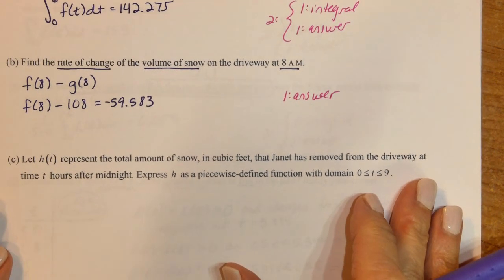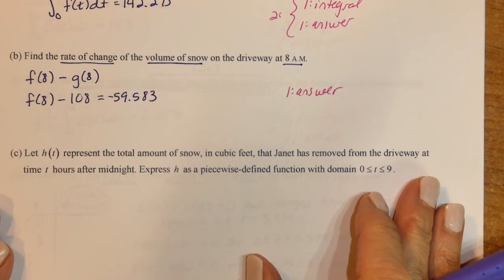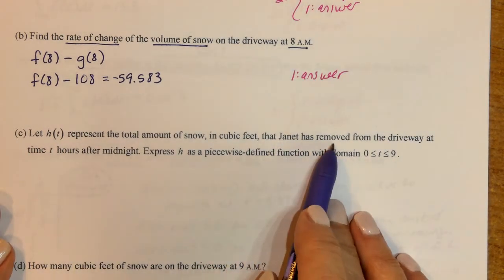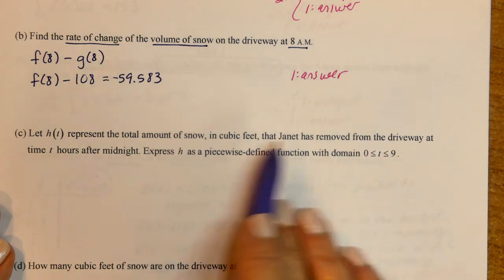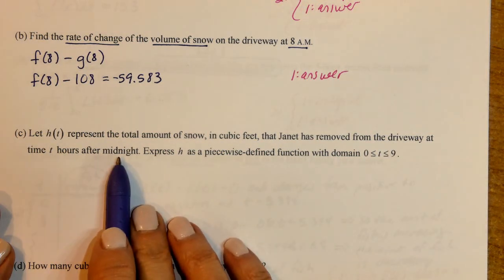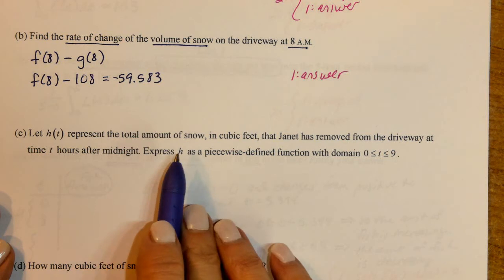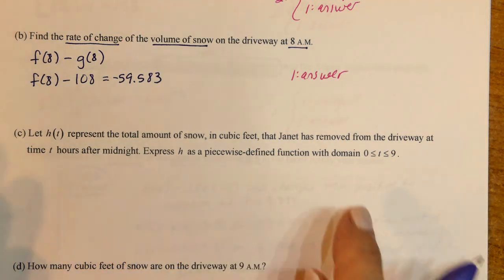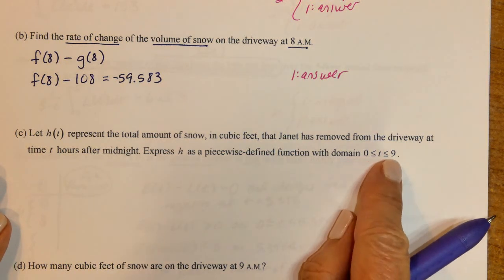All right, part C. Let H represent the total amount of snow in cubic feet that Janet has removed from the driveway T hours after midnight. Express H as a piecewise function with domain 0 to 9.